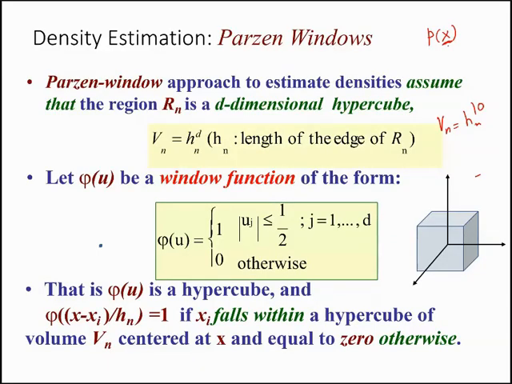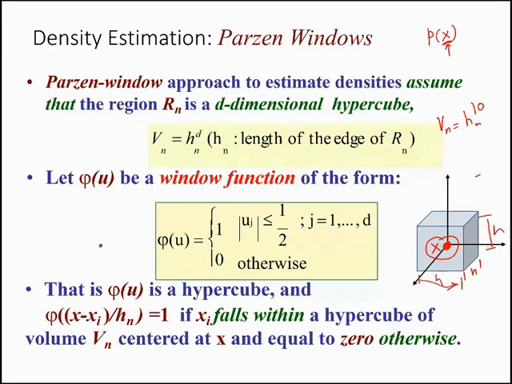Okay, this is my point of interest. So this x we will keep here at the center of this box, and we will have a hypercube of dimension h. Okay, so the height, width, and depth of this is h. This is centered. So the center point here is the point of interest, that is x.